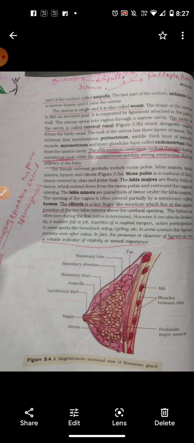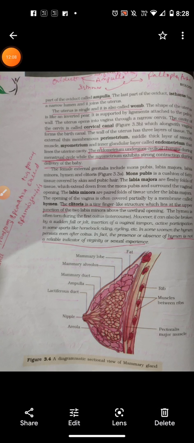Mons pubis is a cushion-like fatty tissue covered by skin and pubic hair. From the mons pubis, the labia majora extend downwards as two fleshy folds of tissue that surround the vaginal orifice.